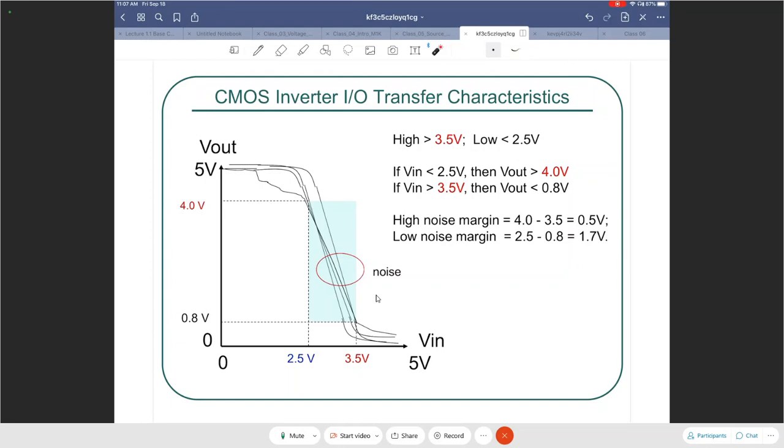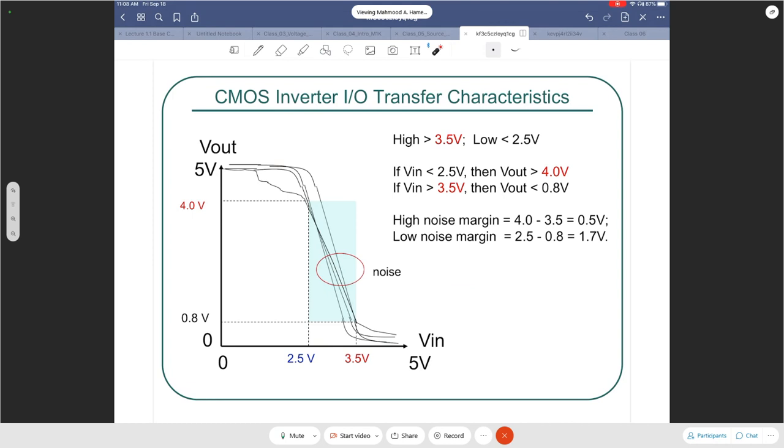Because this is a NOT gate, as you increase the input voltage, your output voltage goes down, right? When your input voltage is low, your output voltage is high, indicated by that line over there. And as you increase the input voltage, say beyond 3.5, your output voltage has gone down to 0. So that's your input-output transfer characteristic of a NOT gate.